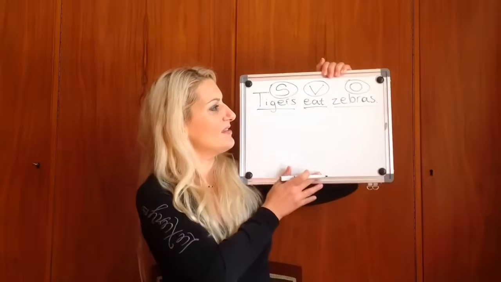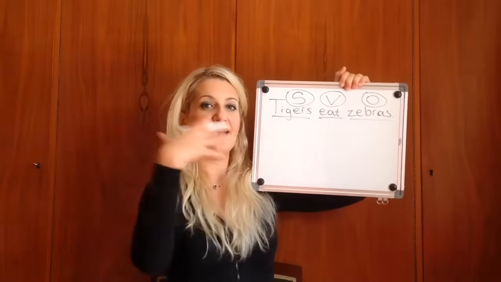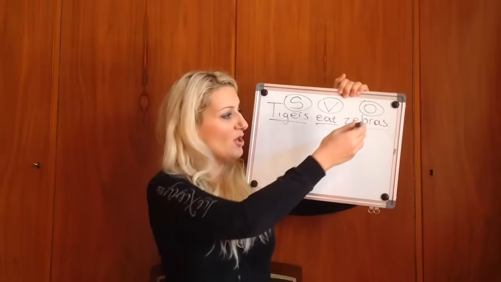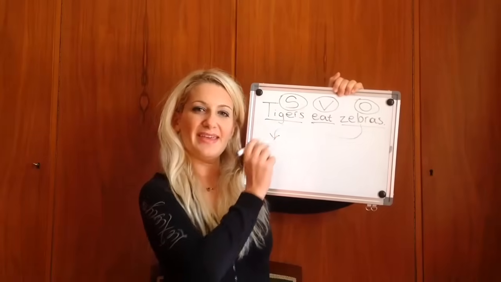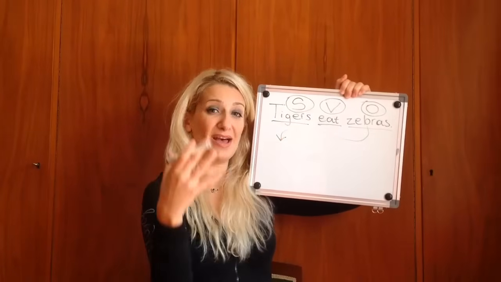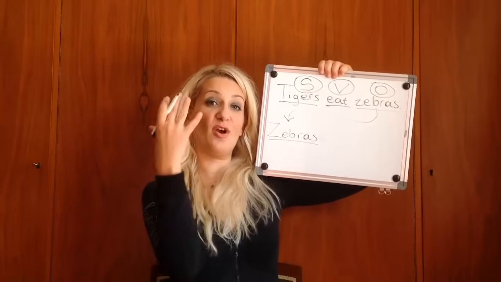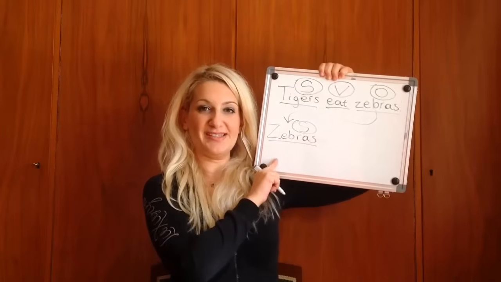So in this case, if we only care about what happened to the object, in order to transform this active sentence into a passive, we take the object here and we make it the subject of our passive sentence. So the new subject of our passive sentence is zebras.